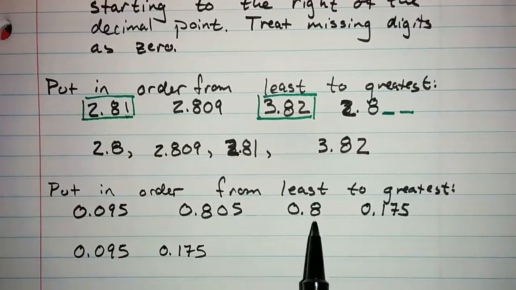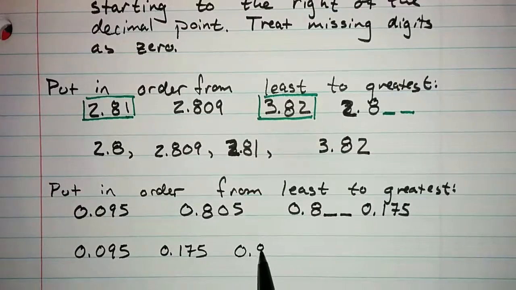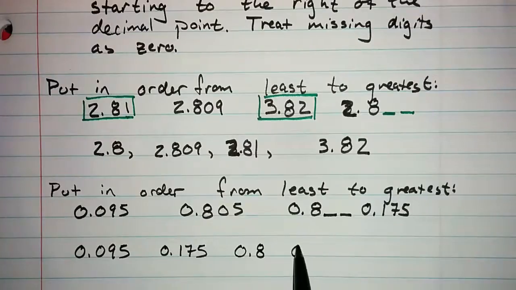Alright, now these two are the same. 0, invisible 0. 5, invisible 0. 0.8 comes next, and 0.805 comes last.